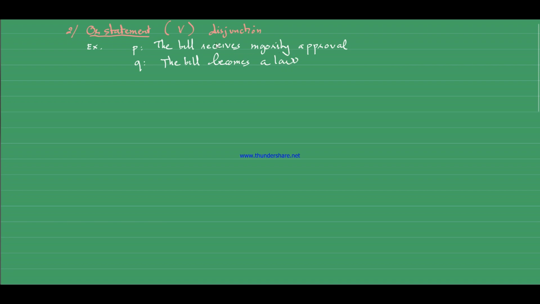Now let's connect them with this disjunction symbol. So we have P or Q. You can understand this as: the bill received majority approval, or the bill becomes a law.